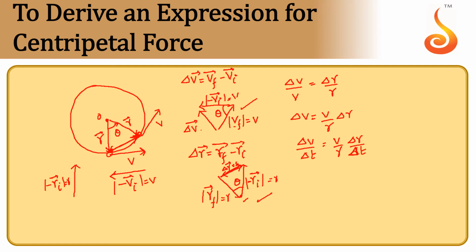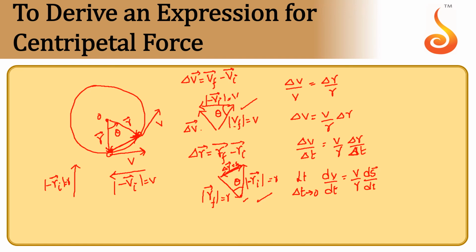We know that if the limit delta t tends to 0, then delta v by delta t can be written as dv by dt, which is equal to v by r times delta r by delta t, which can be written as ds by dt, because as I told you, delta r is nothing but the displacement.